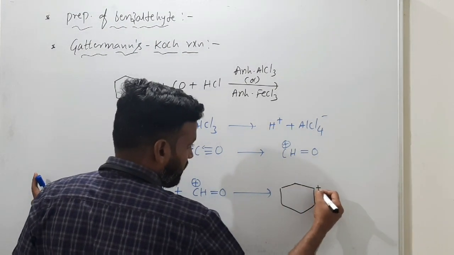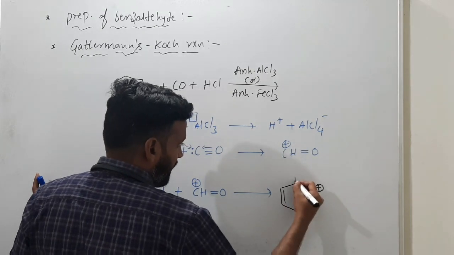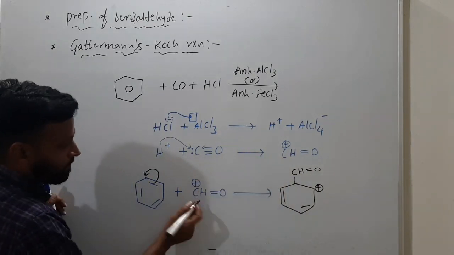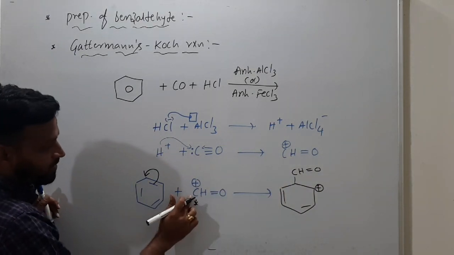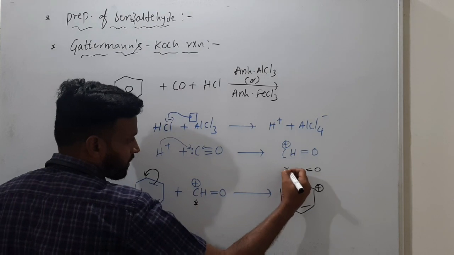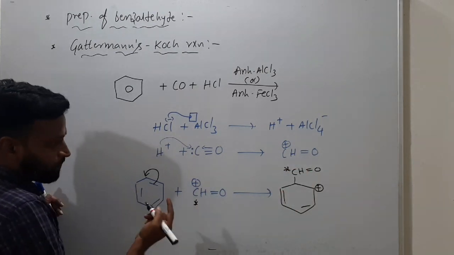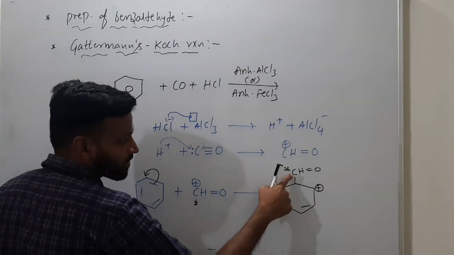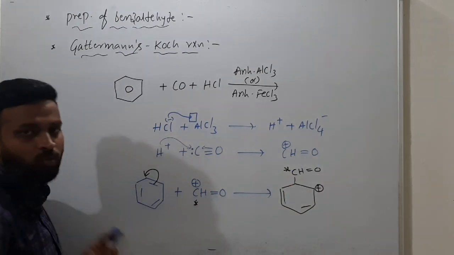So what I have here is a positive charge, and the carbon has what charge? Positive charge. That carbon was added over here. So this carbon and this positive carbon formed a new bond.